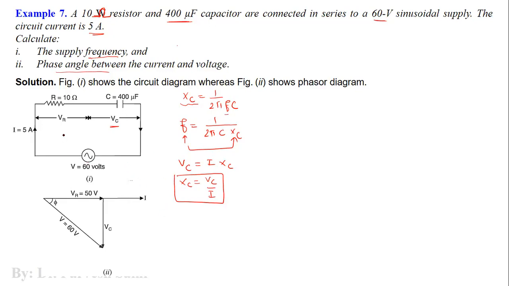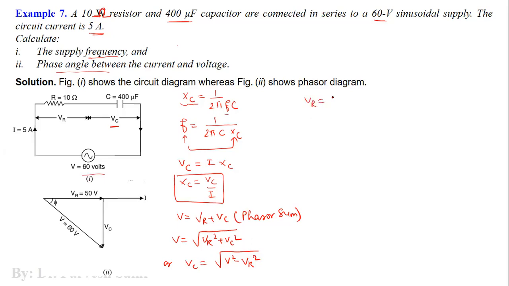By using this equation, we can find out the value of capacitive reactance. Now we know that V is equal to VR plus Vc, the phasor sum. So V is equal to under root VR square plus Vc square, or Vc is equal to under root V square minus VR square. V is 60 volts, which is given.